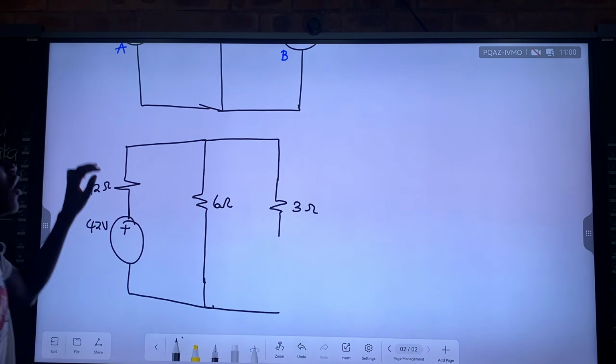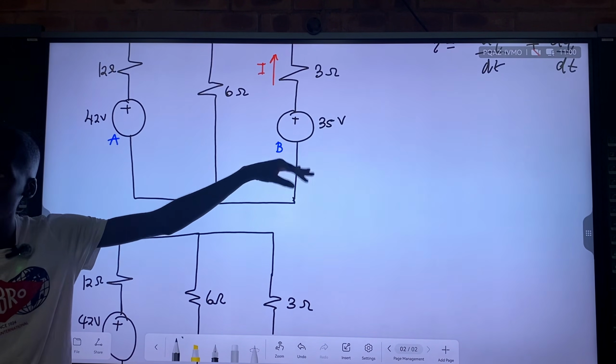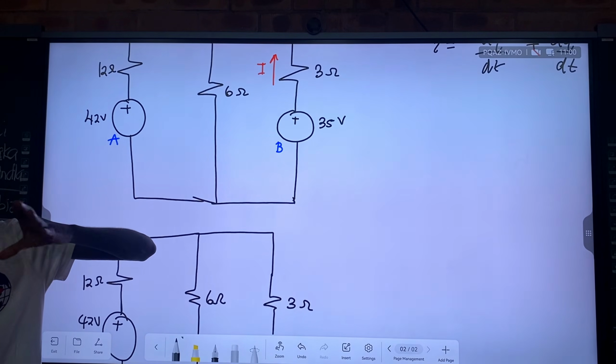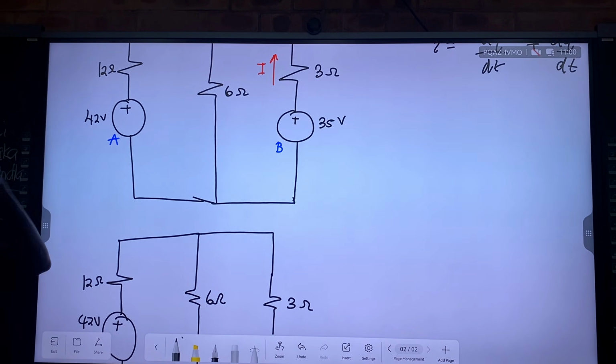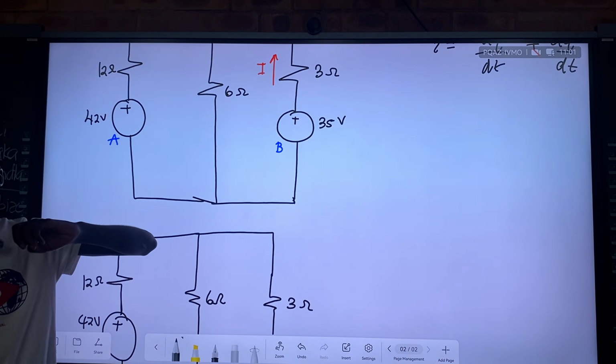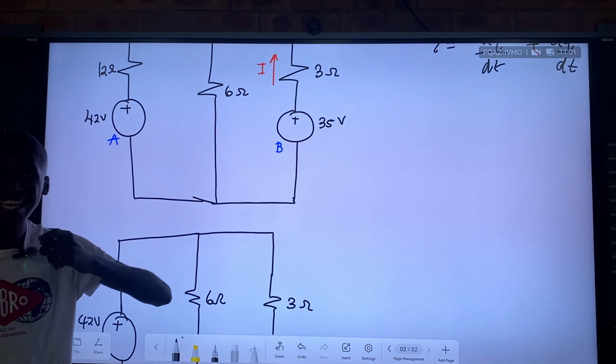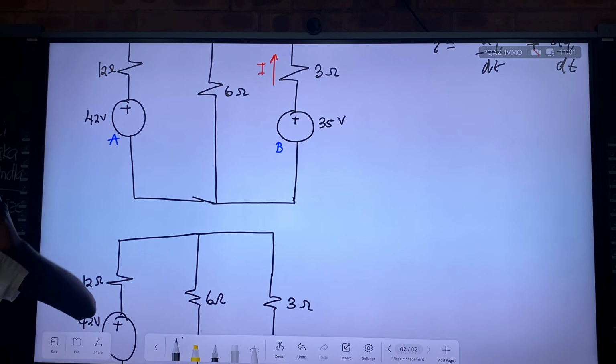Now we get to where we had a 35 volts power source in our original circuit. Am I going to rewrite it? No, because I want to remove its effect. How do you remove the effect of a voltage source? You short circuit, you don't open circuit, you short circuit.